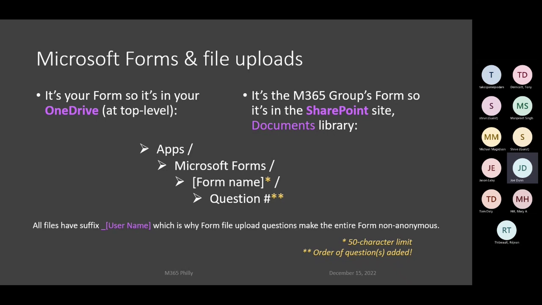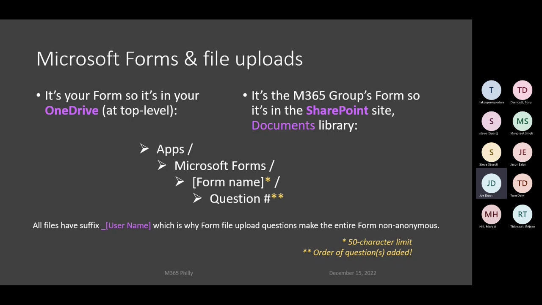If you have 2 file upload questions and you rearrange the order, it doesn't make any difference. It's going to say question 1 and question 2, and that 1 and 2 are the order you uploaded them in. If you make it a group form and assign it to a group, then it's SharePoint.